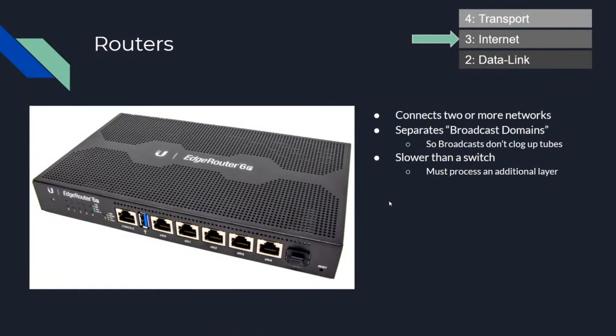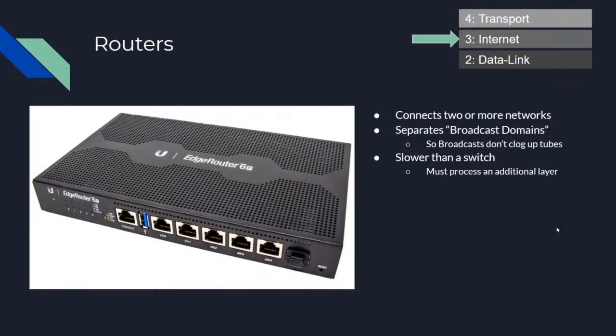And also at the internet layer, we have these things called routers, very important. They connect 2 or more networks. You can kind of think about routers as they separate the 2 networks from each other. And they separate broadcast domains.